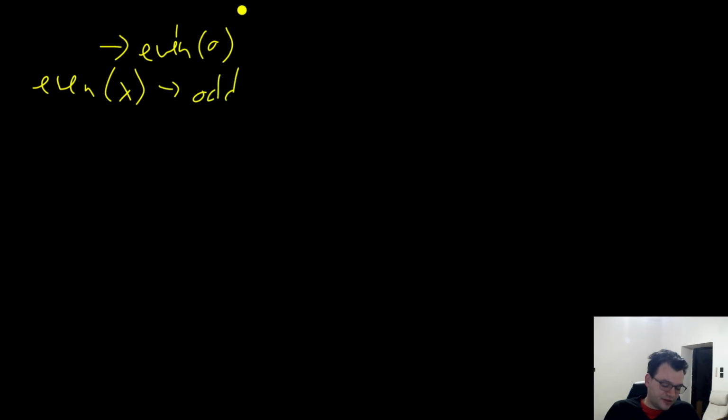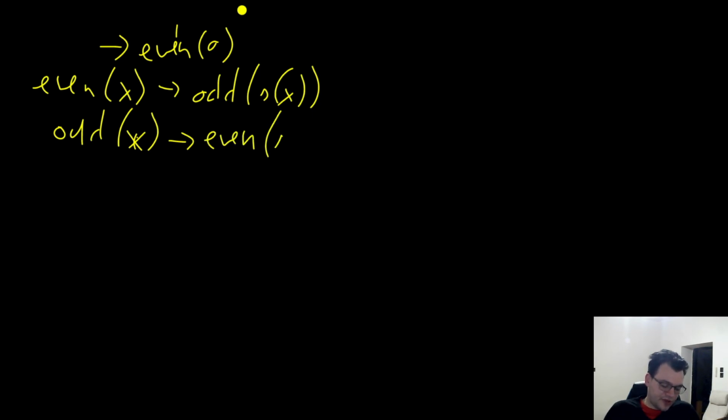So in our first example, we had: nothing implies evenness of zero, and evenness of x implies the oddness of successor of x, and the oddness of x implies the evenness of s of x.